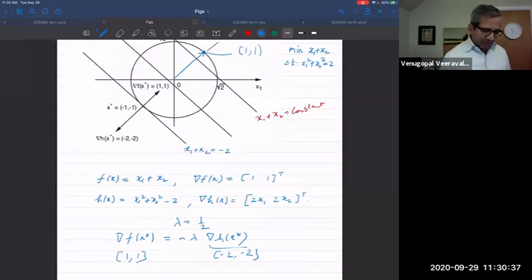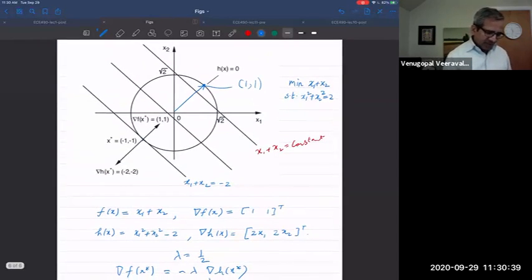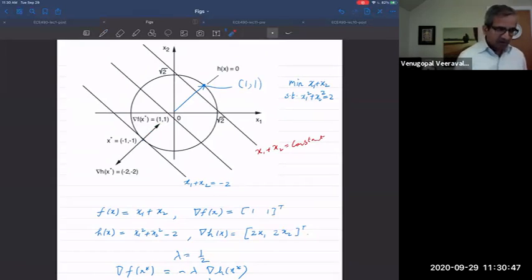All right. So the point of this picture was to show that the gradient of f is collinear with, or basically sits in the span of, the gradient of h of x star. There's only one of them. That's why it's just going to be on this line.